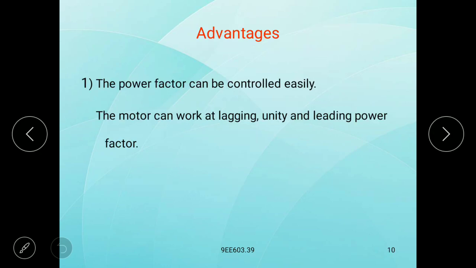Now we are going for the advantages. So synchronous motor has any advantages? So some more points we will discuss here. So advantages.